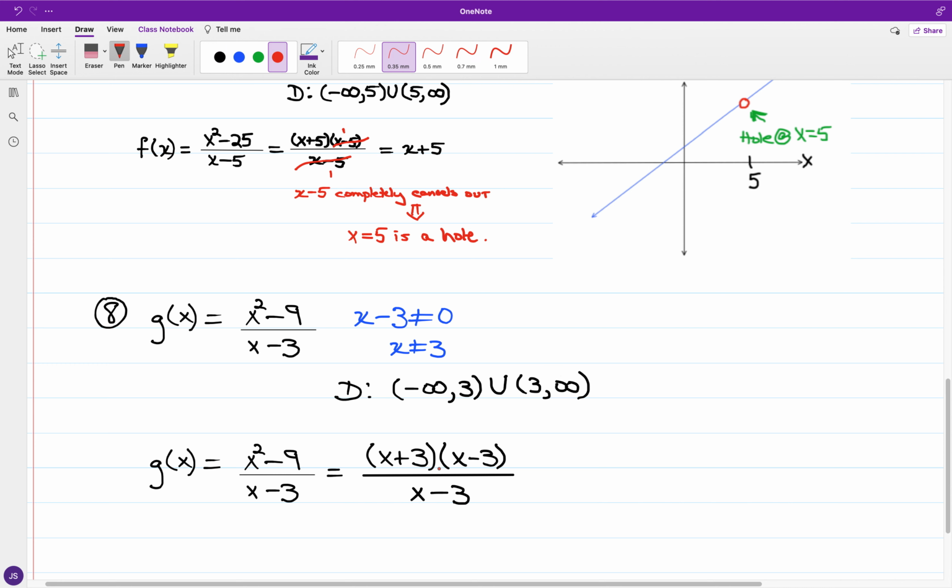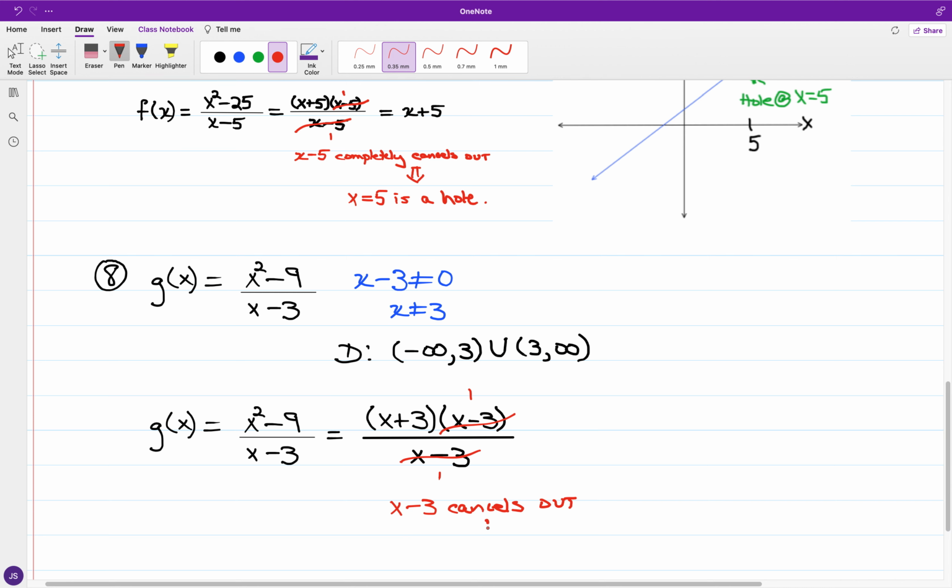So you have a different binomial, but you have the denominator to completely cancel. So again, x minus 3 is going to cancel out. And for the value of 3, because of the complete cancellation, x equals 3 is going to be a hole.